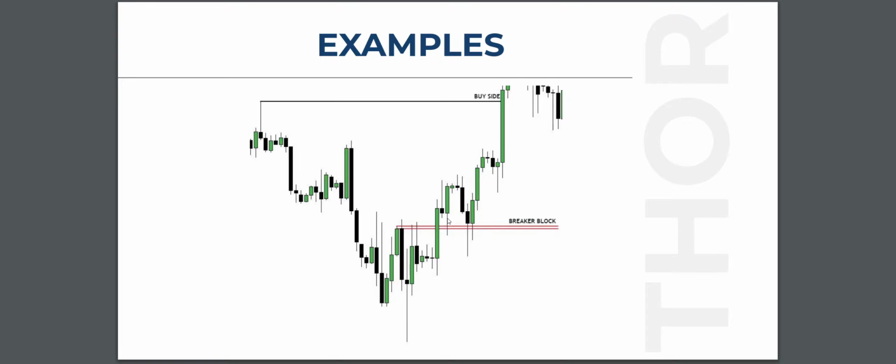Now, if you want to be more precise with your entries, you look at the wick of a breaker block, extend that in time, and that level, specifically that level, has to be sensitive, and you do not want to see candle bodies closing outside of that level when it's pulling back into it. And in this case, you don't see that.